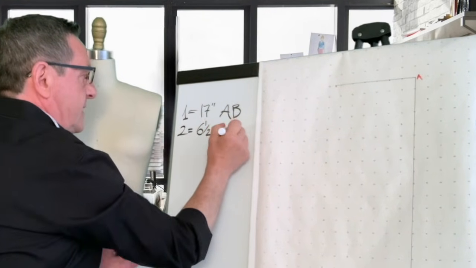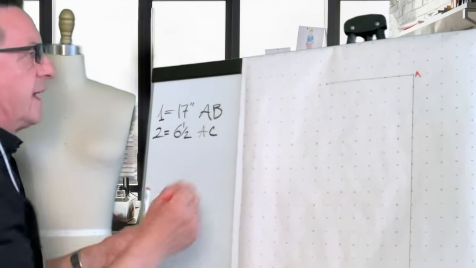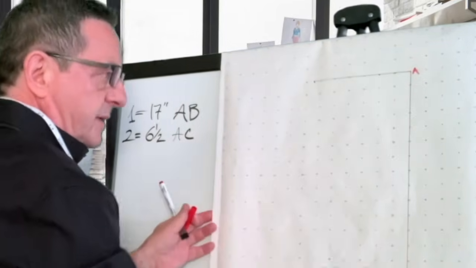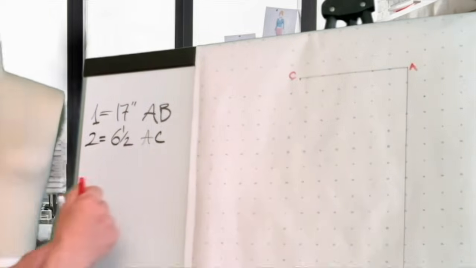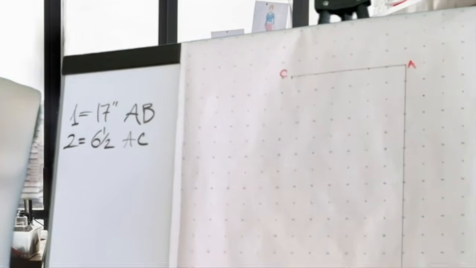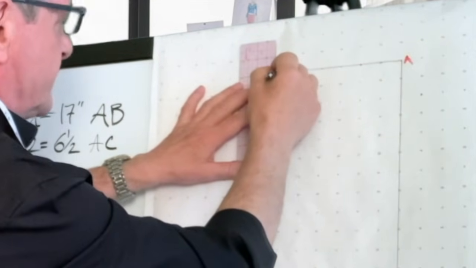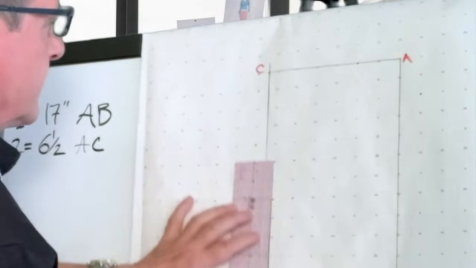This is AC. How do I get that? Well, we have A and B, and then we have A and C. So A, B, C, right? So that's C right there. And I'm also going to square off a line, a few inches, 3-4 inches, as a guideline. You'll see why in a second.